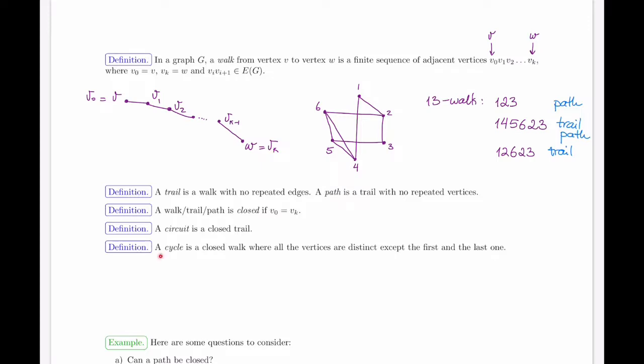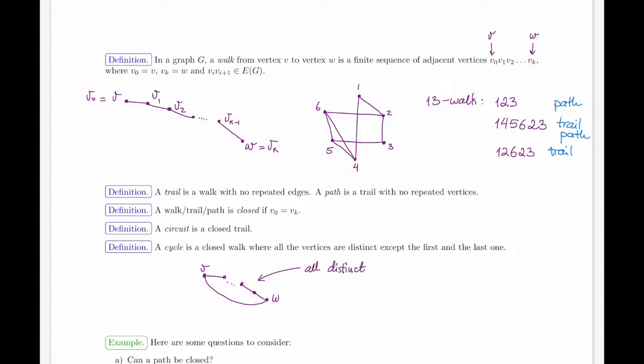Now, a cycle is a closed walk where all the vertices are different except for the first and last that are the same. So in a cycle, I went from, let's say, V and W through a sequence of different vertices and I came back to the original, and all of these vertices in the middle are all distinct.